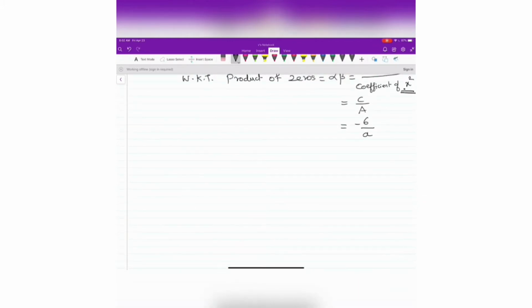So, but let me name this as 1. But alpha into beta is equal to 4. That is what is given to you. Therefore, 1 becomes, in place of alpha beta you can substitute 4 is equal to minus 6 by a.